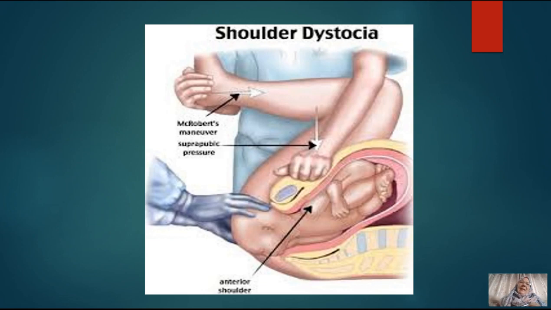So here you can see it again. You can see that this patient has somebody doing McRoberts procedure, and there'll be another person on the other leg doing McRoberts procedure.